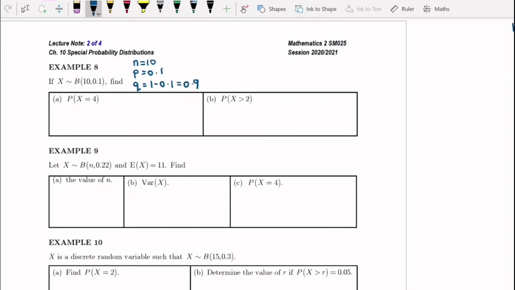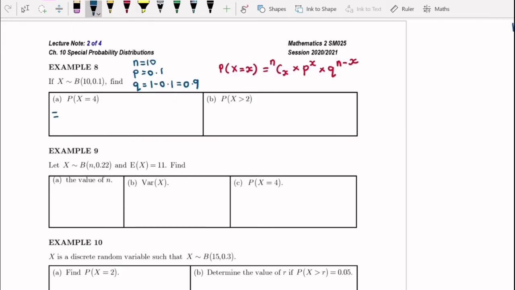So, to answer question A, P(X = 4), we can simply use the formula P(X = x) equals nCx times p to the power of x times q to the power of n minus x.